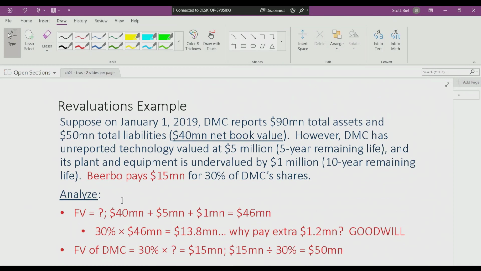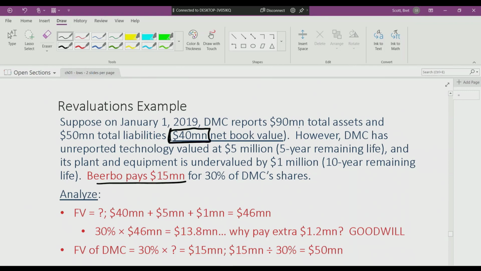Now let's look at the same example, but let's change the facts up a little bit. The biggest thing I'm going to do is say, Beerbo is now paying $15 million for a 30% stake in DMC. Now, why is Beerbo doing that? Well, it turns out that the book value truly is $40 million.